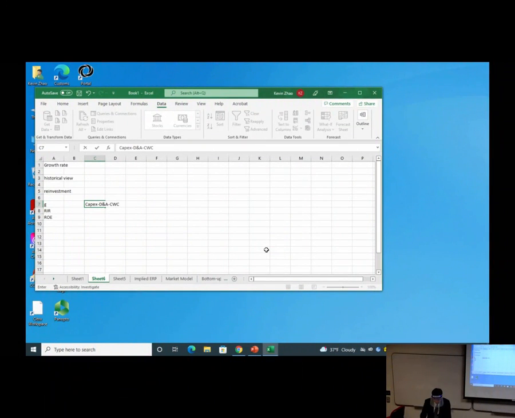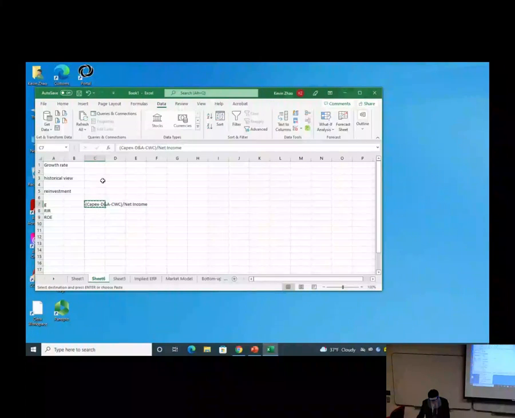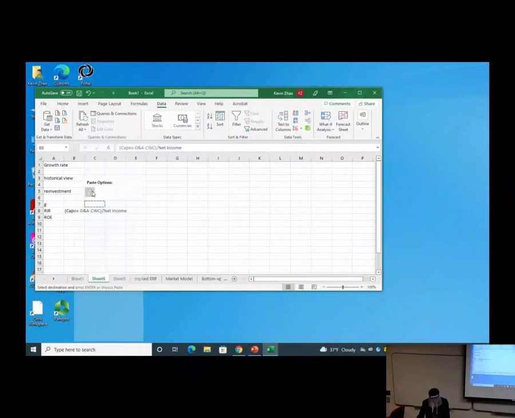That is the equity reinvestment, divided by net income, right? That will give you this RIR. And then you look at what ROE looks like, right? That is net income divided by total equity. And then you get this estimation of g.